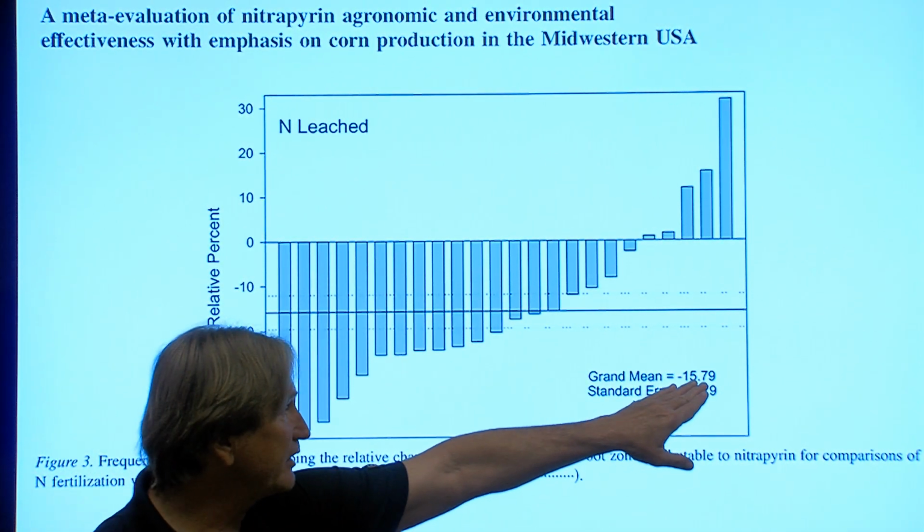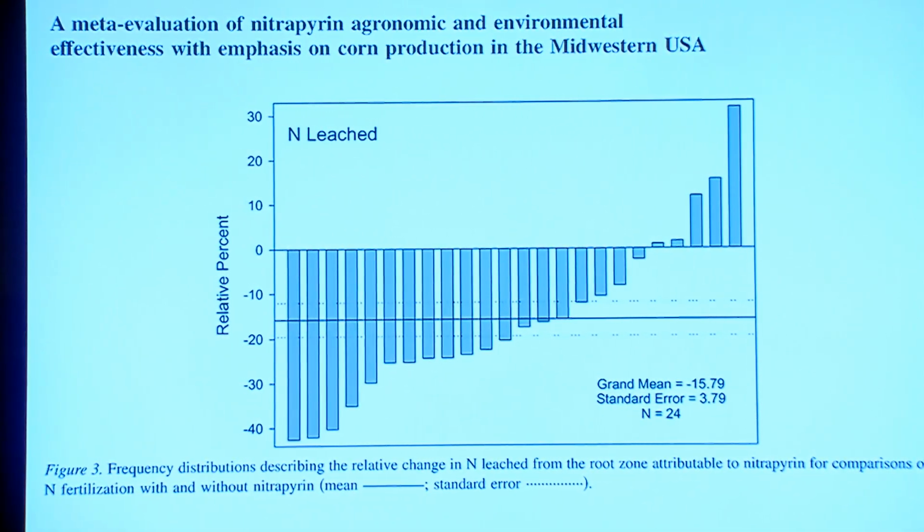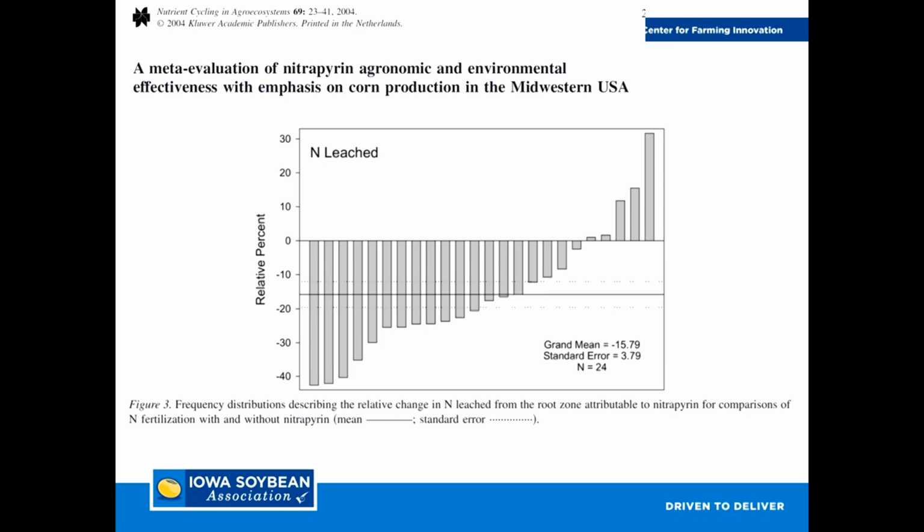But the average was about 16% reduction in nitrate leaching in the groundwater, which means a cleaner environment for you to enjoy, as well as reduced nutrient loss, which contributes to your profitability if you can maintain that nitrogen.